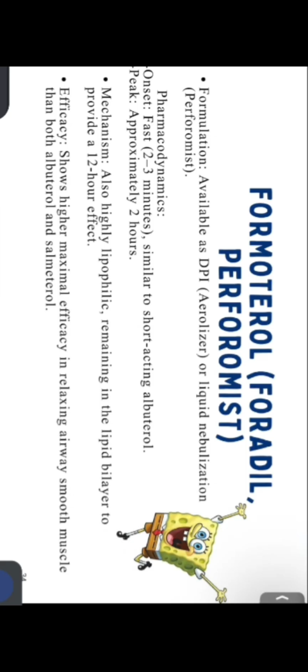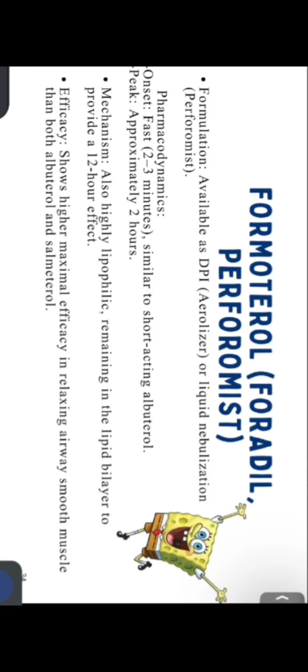So unlike salmeterol, which anchors to a specific spot, formoterol is like a sponge. It soaks into the fatty layer of the cell membrane, also known as the lipid bilayer, and creates a depot or storage site that slowly leaks medicine out over time.